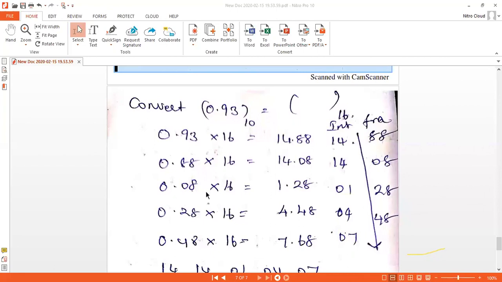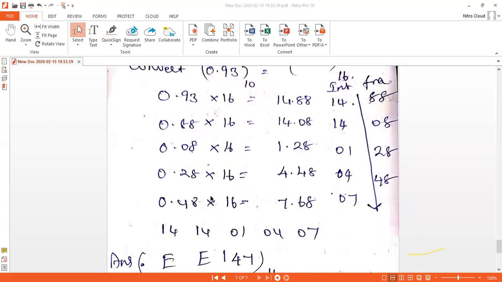So I write 0.08 into 16, 1.28, 1, 28. I write it as 0.28 into 16, 4.48. Okay. Then 4, 48. Then 0.48 into 16, 7.68. Now the number is repeating again: 14, 14, 7, 14, 14, 7. Okay.